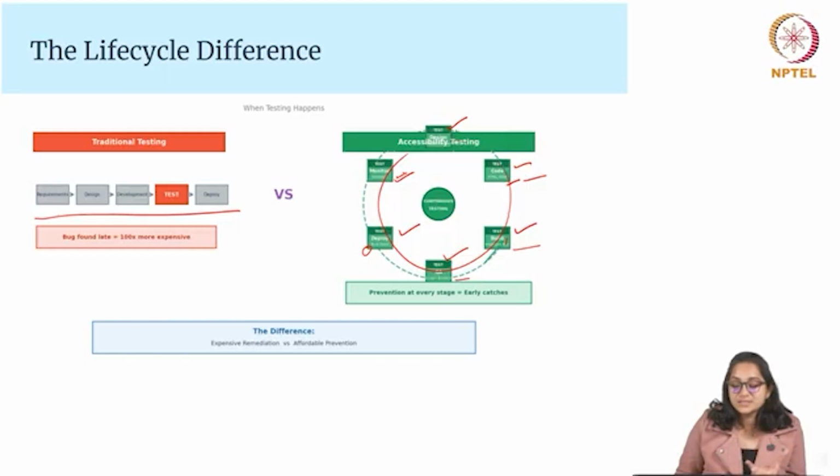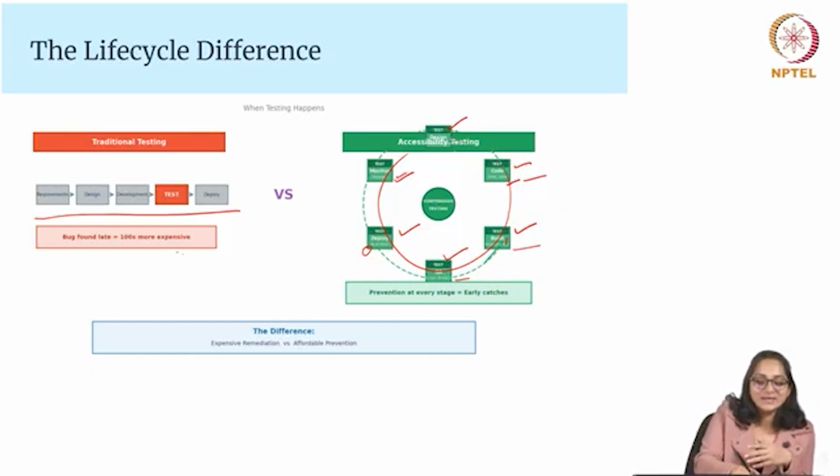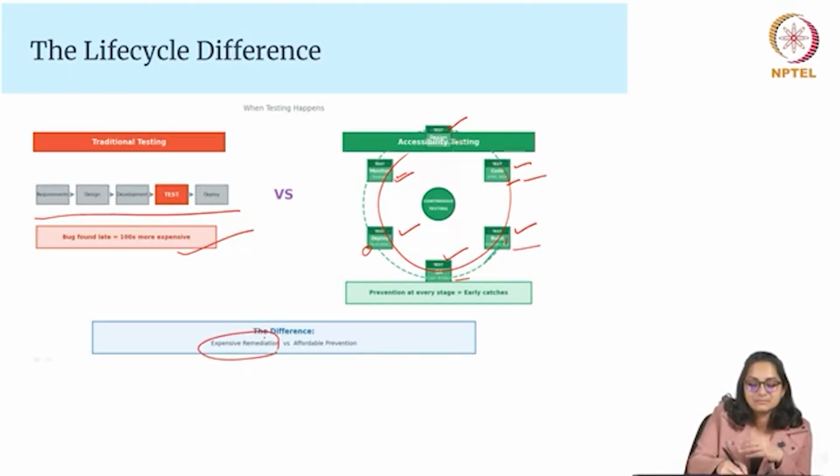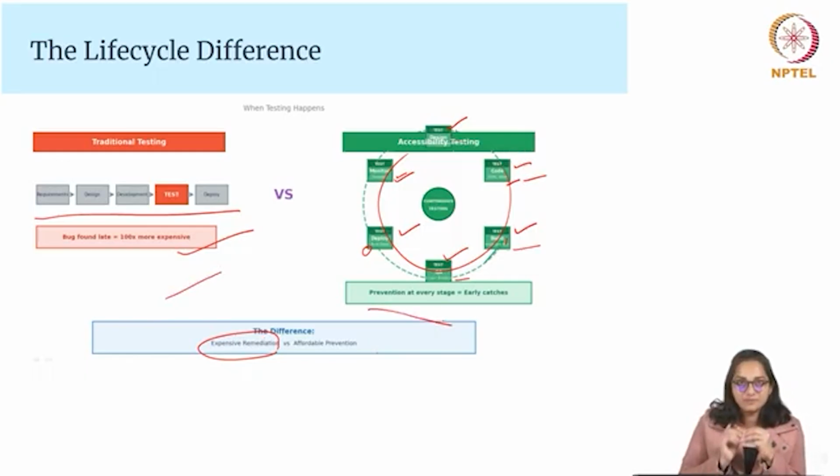So prevention is there at every stage, and it catches bugs early, and making changes is much more cost effective, while in the traditional format it may be very expensive. So the difference is expensive remediation versus affordable prevention.